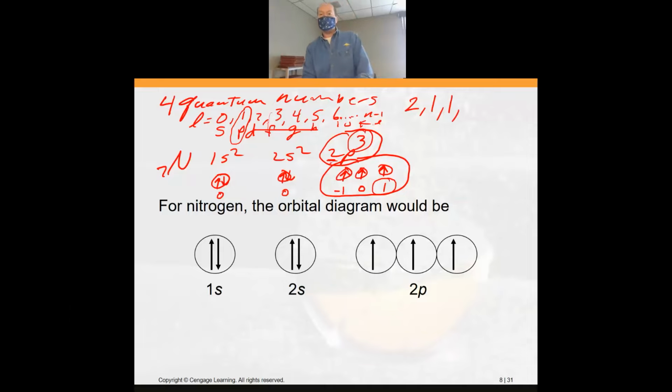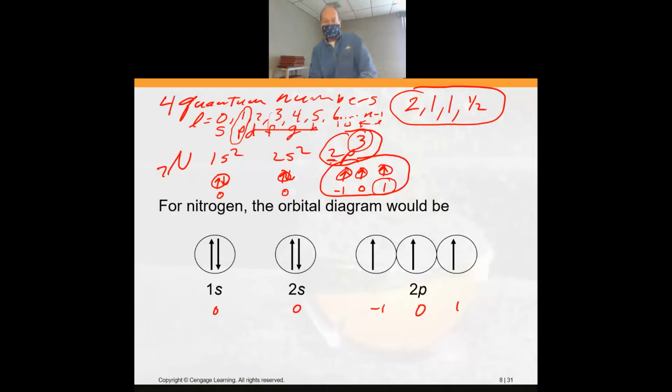Since it is spin up, that is a plus 1/2. And so the 4 quantum numbers for the last electron that went into the nitrogen is 2, 1, 1, and 1/2. Remember when you're numbering, that's zero if it's only 1. If it's more than 1, 0 in the middle, positives to the right, negatives to the left, all integers.